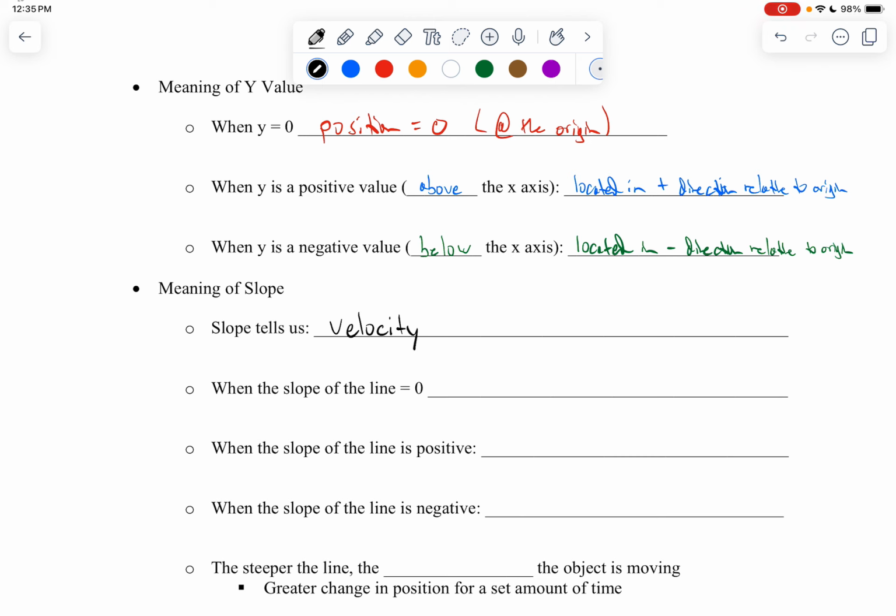If our slope is a value of 0, basically we're going to have just a horizontal line, a slope of 0. Basically what this is telling us is that we have a velocity that's equal to 0, which means that our position doesn't change and our object's not moving.